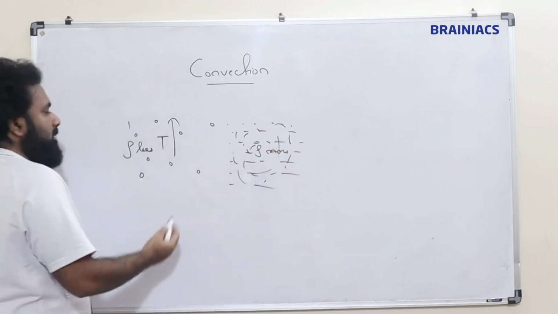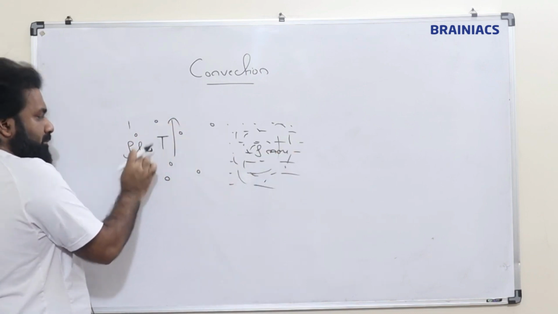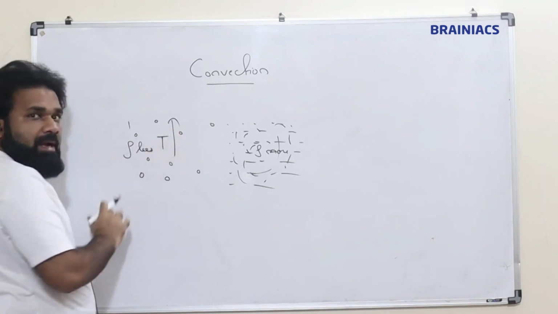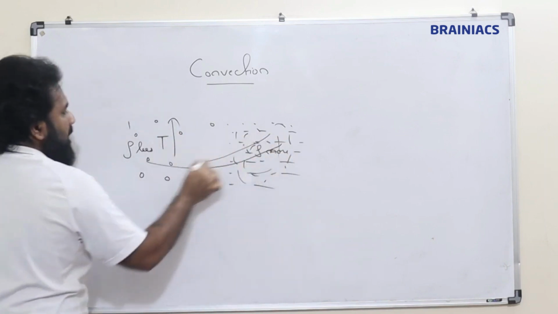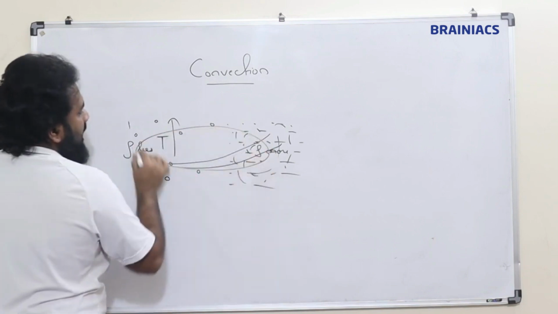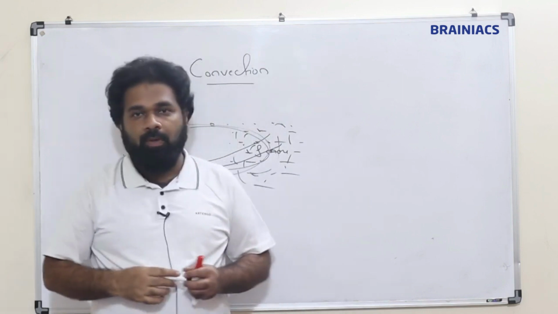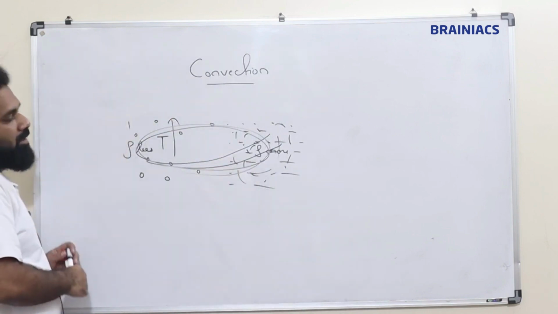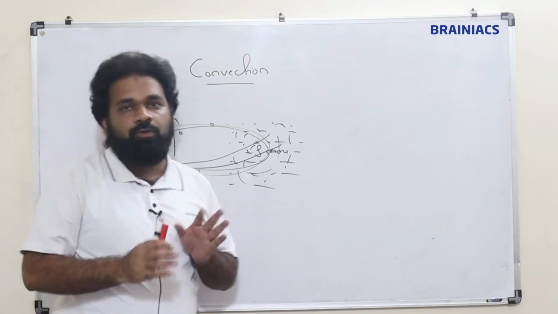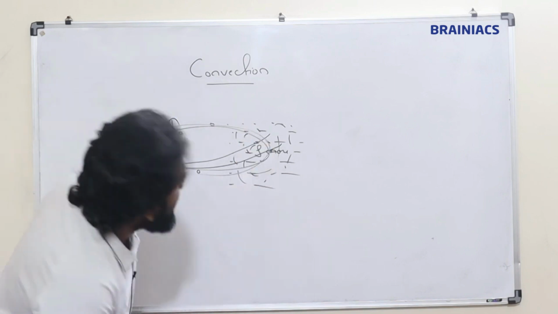If we increase the temperature of this area, obviously this density will come down. So these molecules will come to this side, this will mix, and finally it will try to attain thermal equilibrium. So this is the process of convection. A lot of natural examples we have with this method of convection.